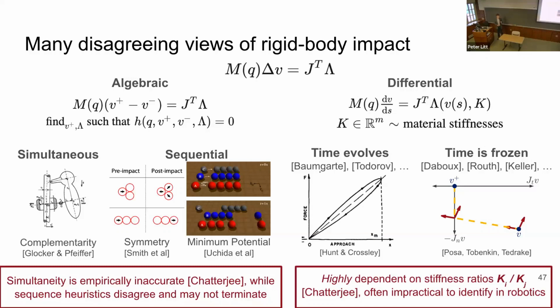Specifically, it is known that the outcome of these models and real-world systems is highly dependent on the ratios of the stiffnesses of the various materials in your system. And in many applications in robotics, particularly when you're manipulating previously unseen objects, it is not always tractable to recover these stiffness values online as the robot is behaving.